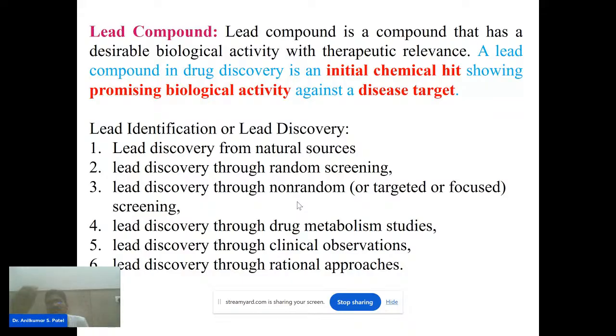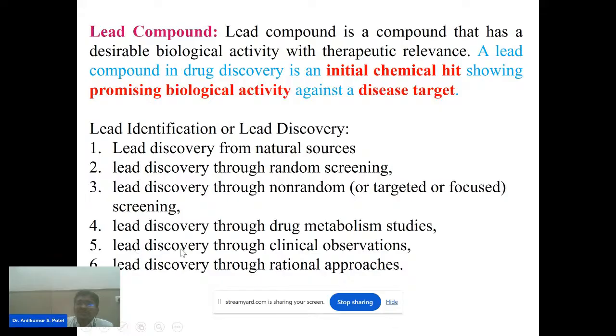During this pharmacokinetic study, in the metabolism stage, we can identify the compound that is actually responsible for the biological activity, because sometimes our drug goes into the body and is converted into other molecules. So we can identify which compound is active, and then we can identify the lead molecules. Lead molecules means the chemical hit which gives a promising biological activity.